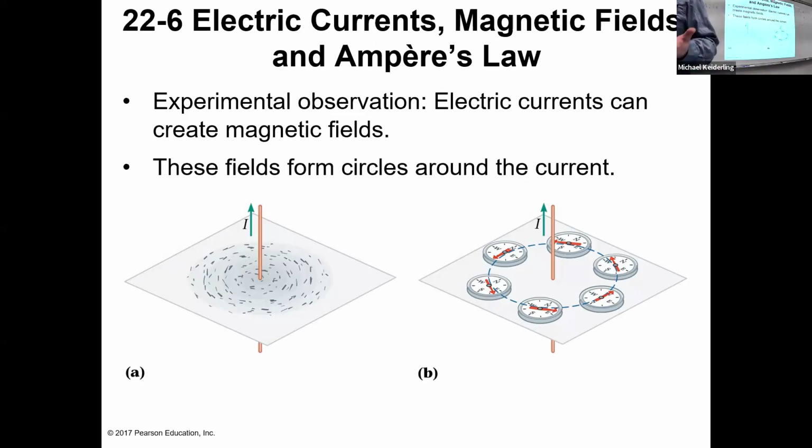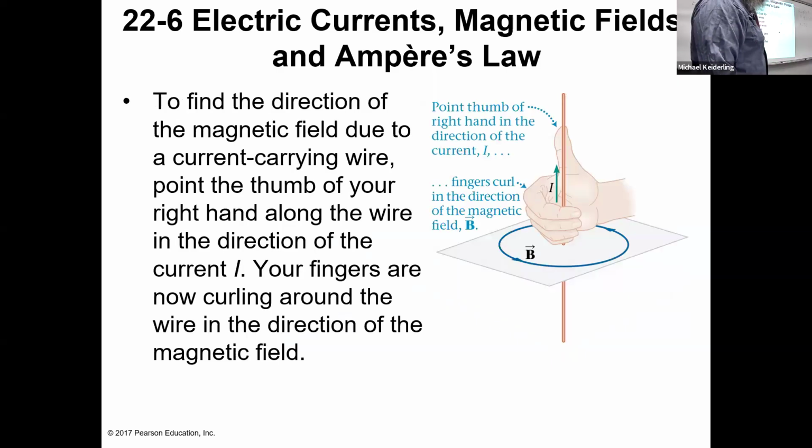These fields form circles around the current. And there's a right-hand rule to figure out what direction the circles go.